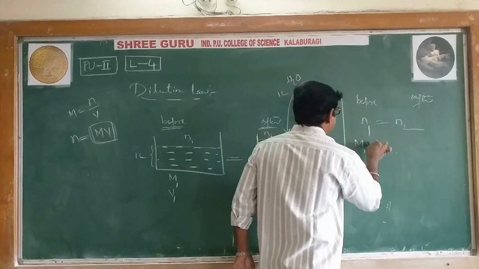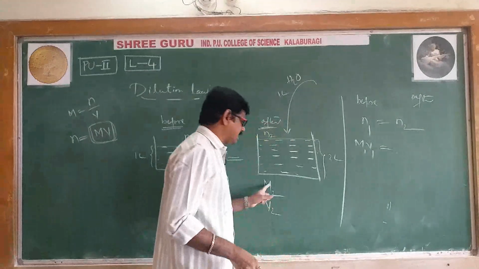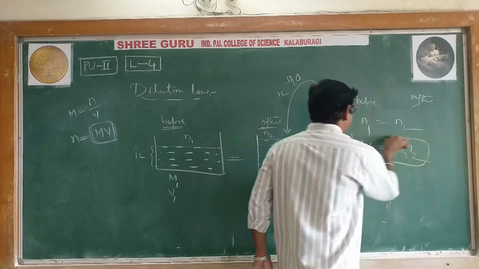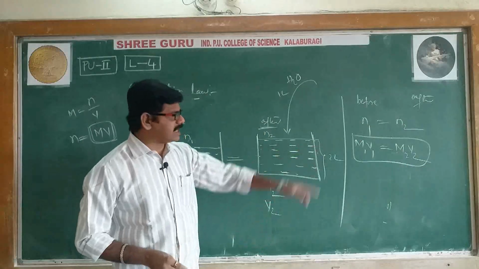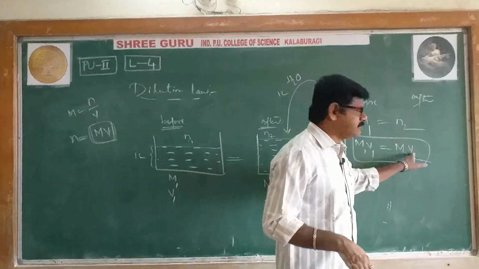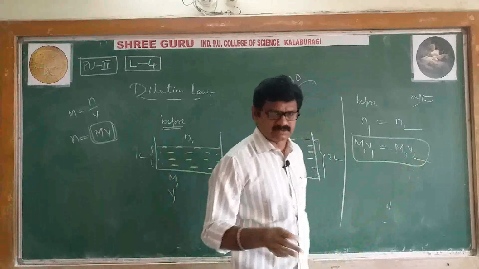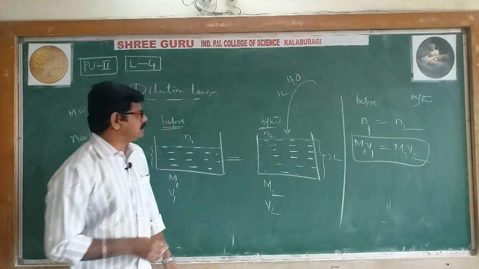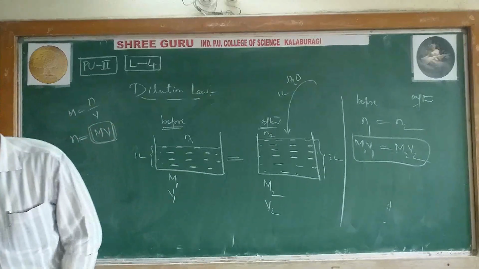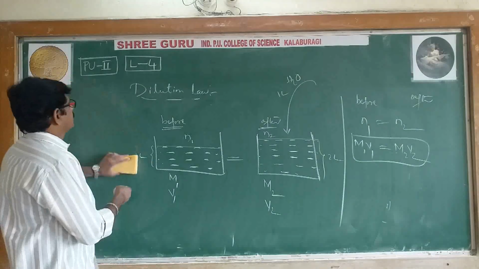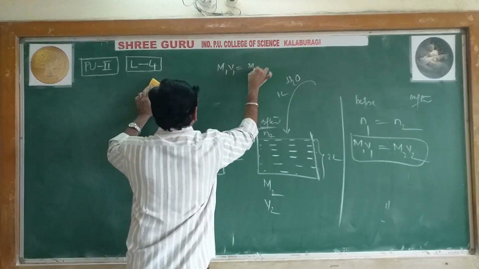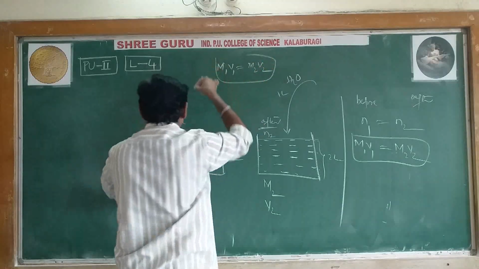Therefore, M1 V1 equals obviously M2 V2. Right. This is only called the dilution law. What is M1 V1? Before dilution values. M2 V2, after dilution values. That's it. Okay. Based on this dilution law, we'll solve 1 or 2 questions. We'll write the dilution law formula: M1 V1 equals M2 V2. Right.